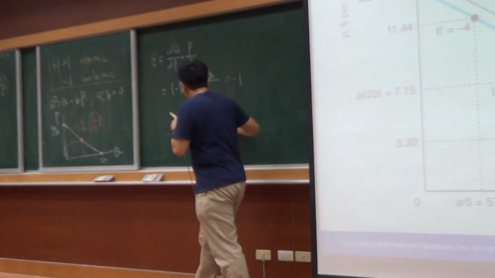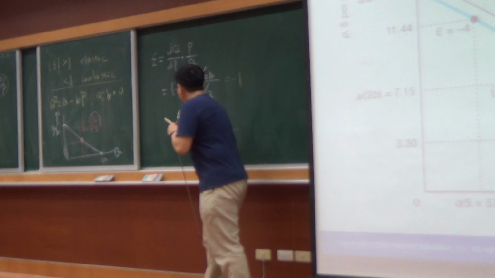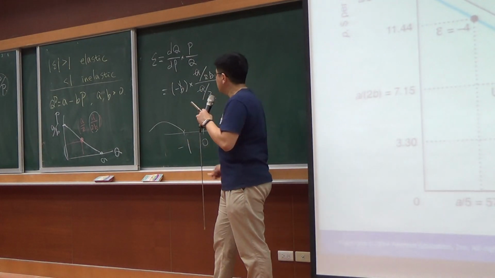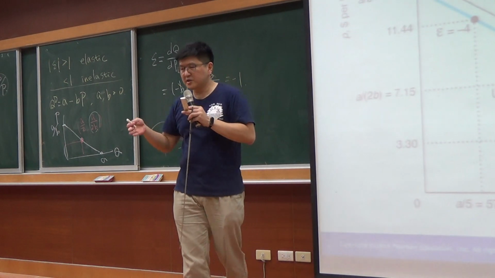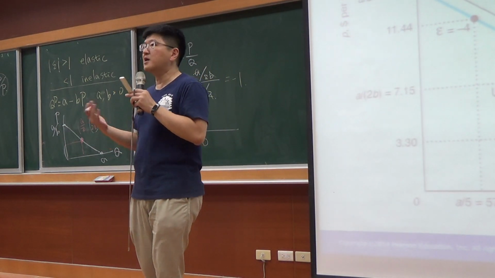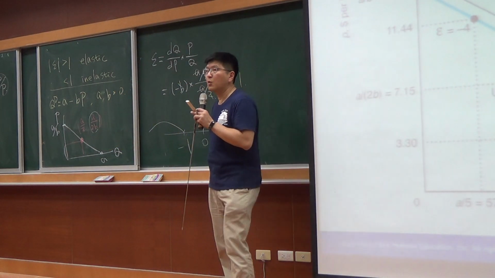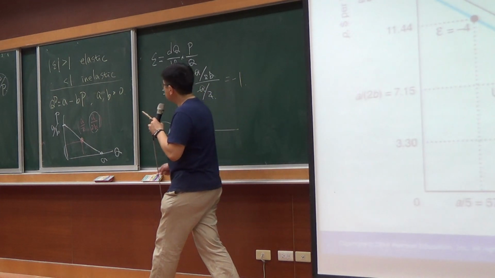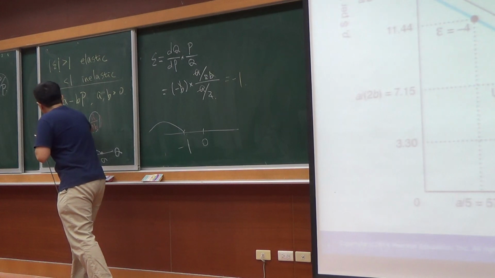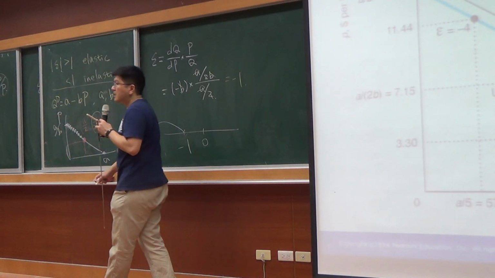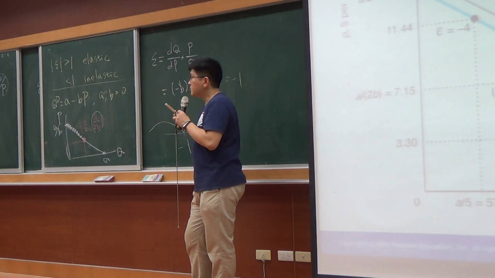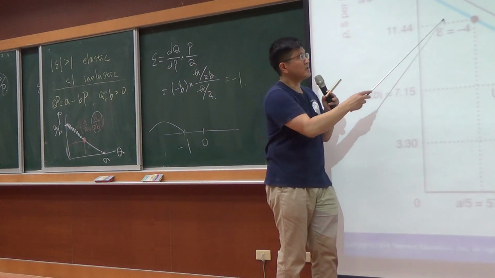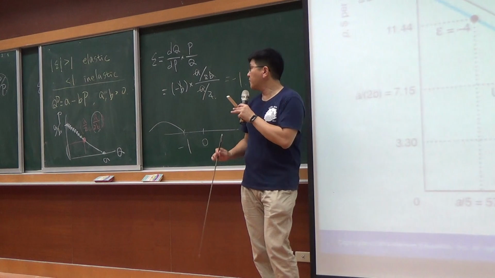Don't forget 0, negative 1, and something less than negative 1, whose absolute value would be greater than 1. Right? Okay, so in this part, the absolute value of elasticity will be greater than 1. For example, here is negative 4.